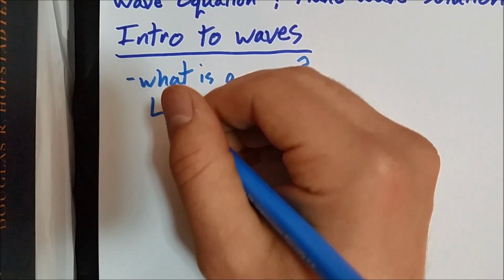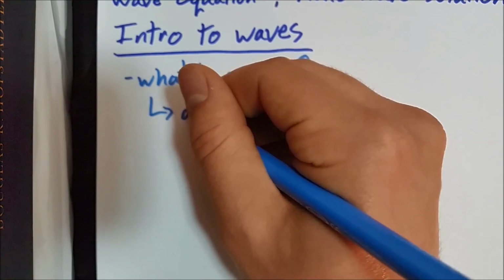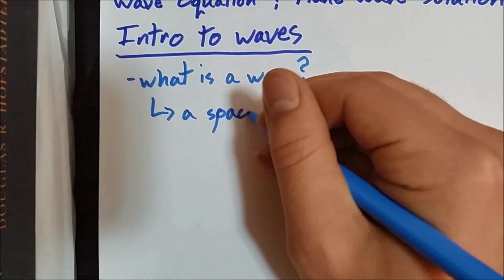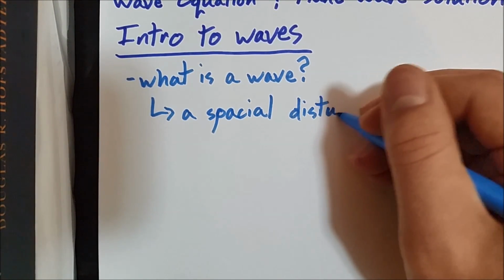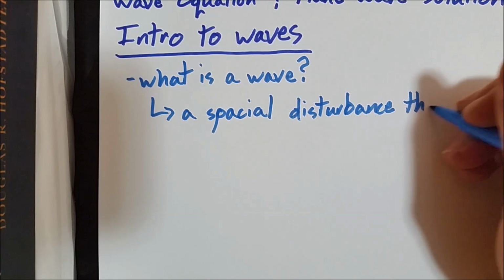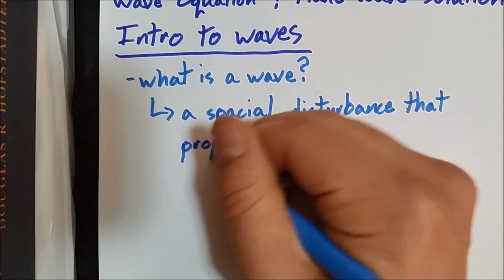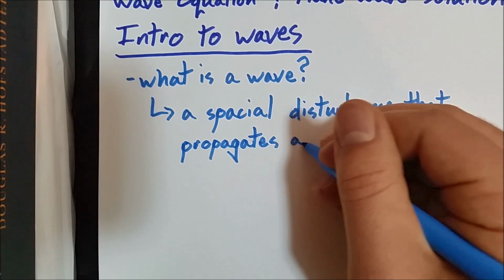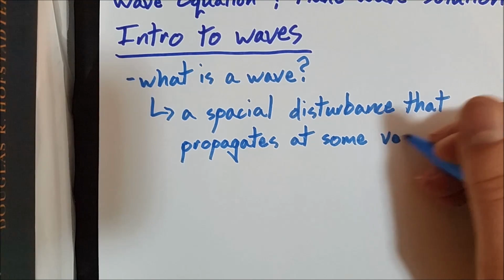Well, some very smart people over the last couple centuries have come up with the definition of a spatial disturbance that propagates at some velocity.